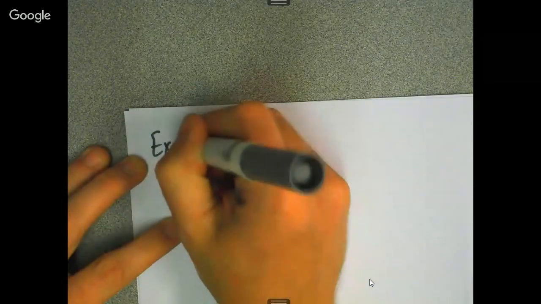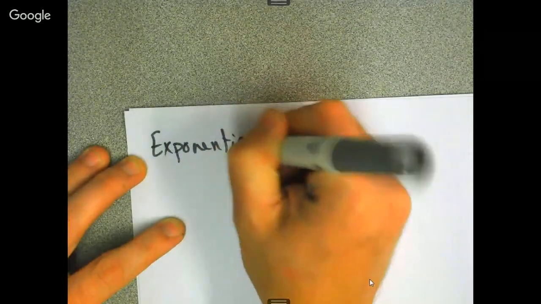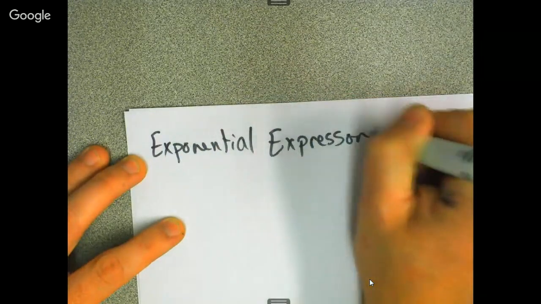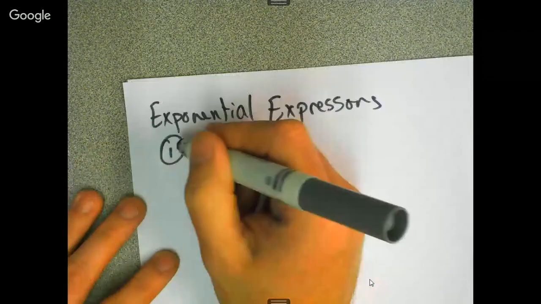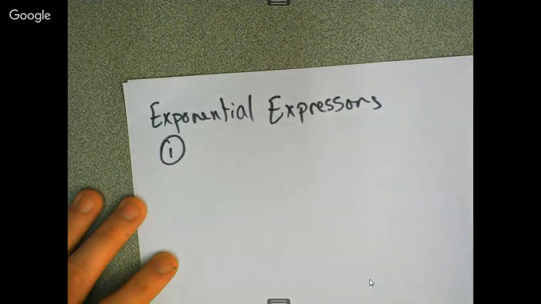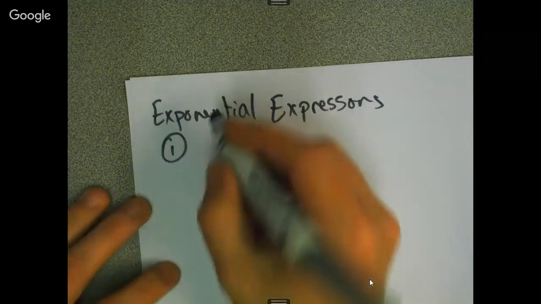So I got some steps here on how to simplify with exponents. So exponential expressions. Step 1. You are going to do any parentheses. Okay, eliminate parentheses.